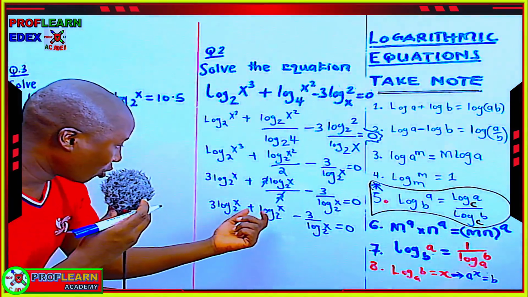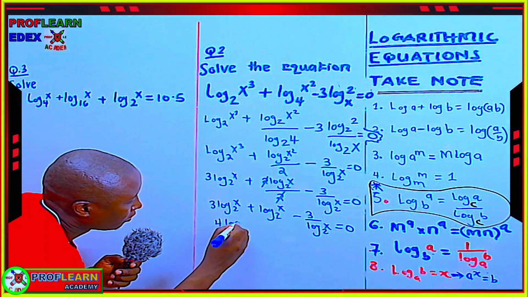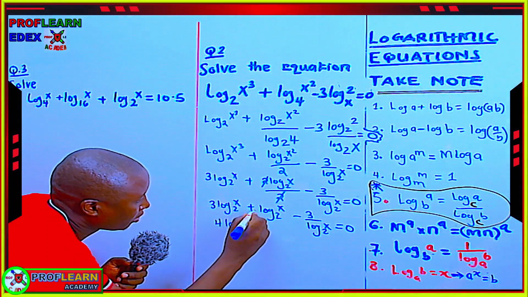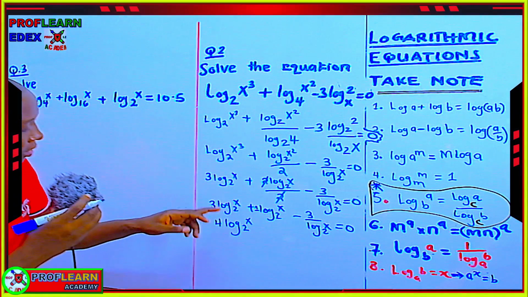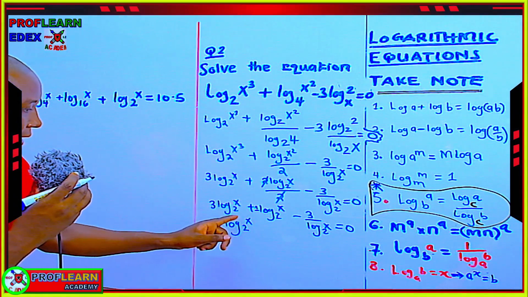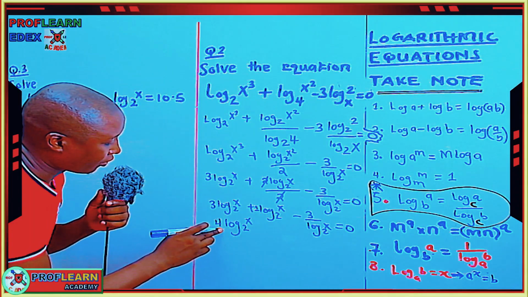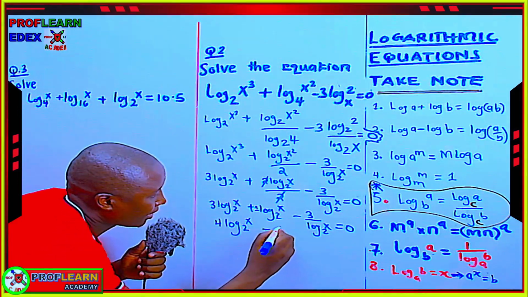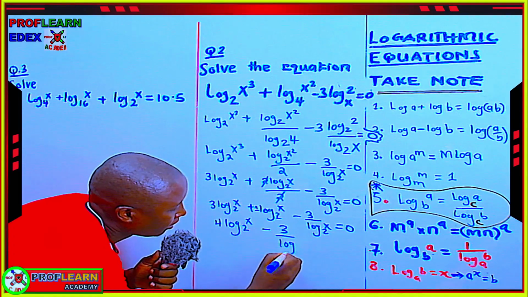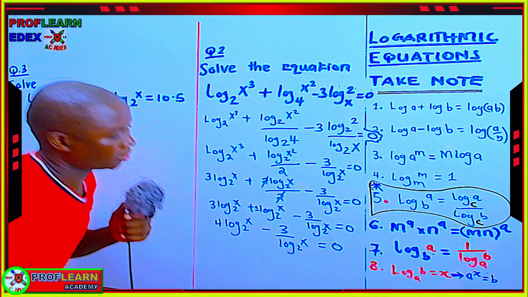I can add these two logs, and I'll say this is the same as 4 log x base 2, because 3 plus 1, they have the same number and the same base, becomes 4 log x base 2 minus 3 over log x base 2 is equal to 0.